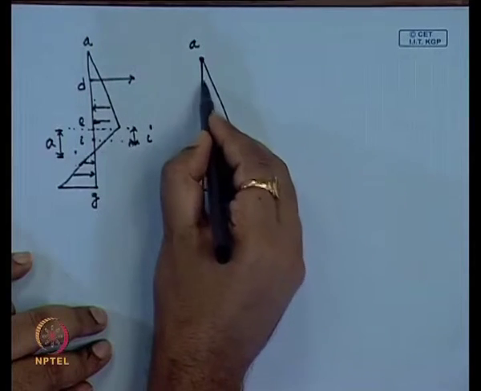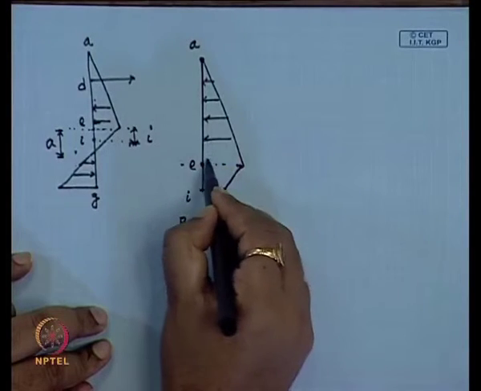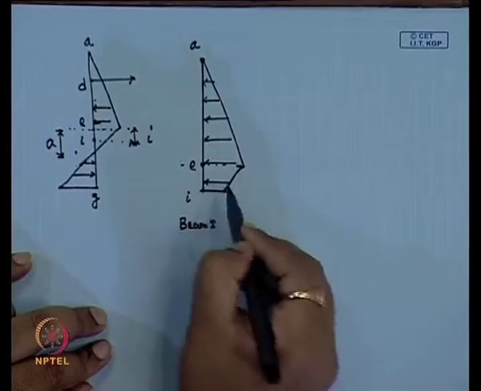So, this is the pressure distribution diagram for beam 1 from A to I.